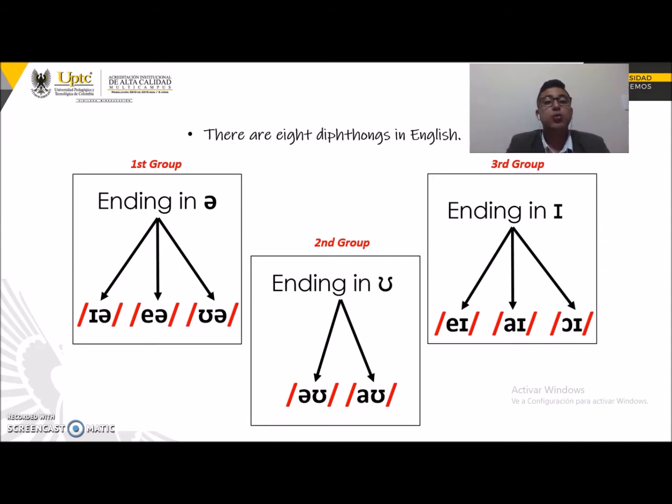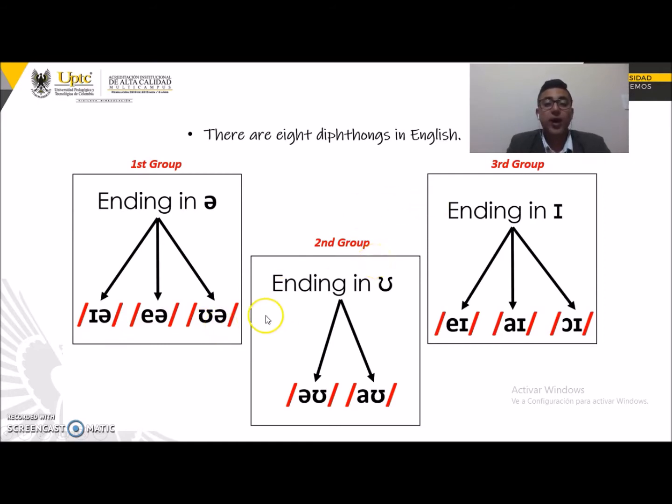But let's look at the examples that I gave you and take advantage of that, so we're able to pronounce the examples in this video. Okay, so the first one is capital I with schwa. The second one is epsilon with schwa, and the third one is upsilon and schwa.